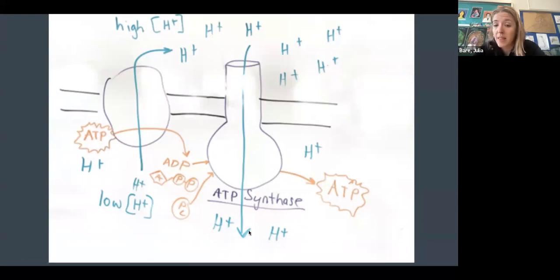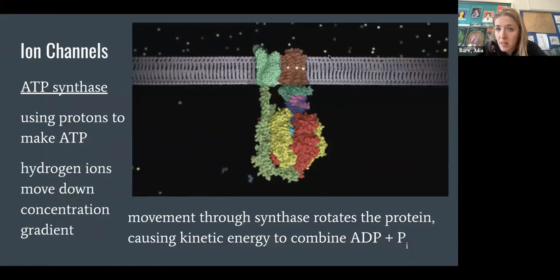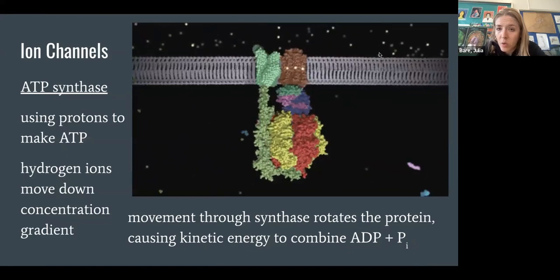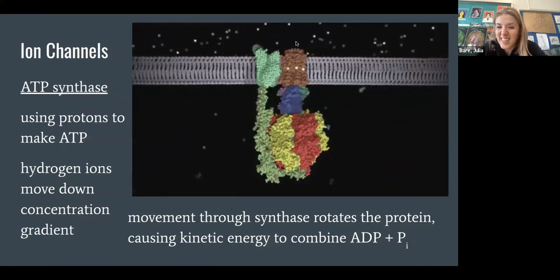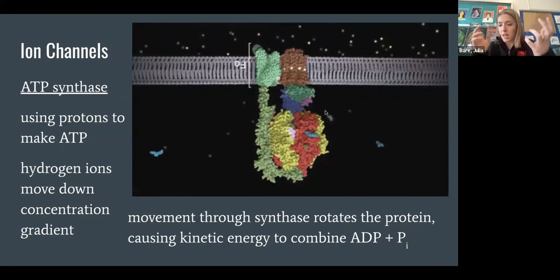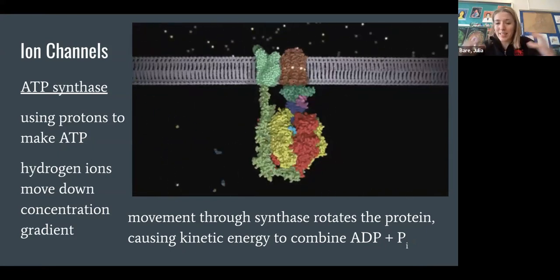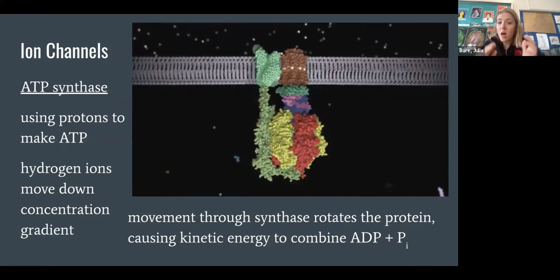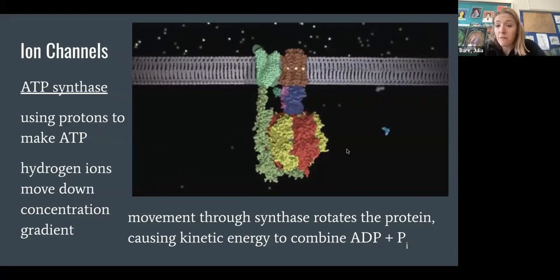So ATP synthase can crank out, like if we look at this GIF that I have, this is ATP synthase. You can see all these little bright yellow dots. Those are protons. And as protons get sucked into ATP synthase, the protein is going to rotate. And as that protein rotates, it smushes together a bunch of ADP and phosphate.